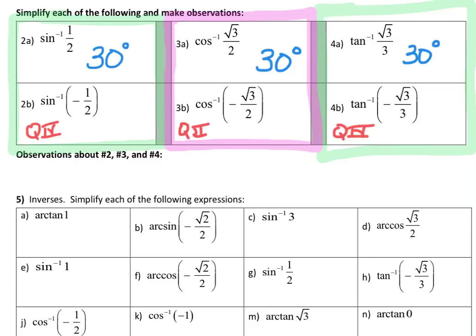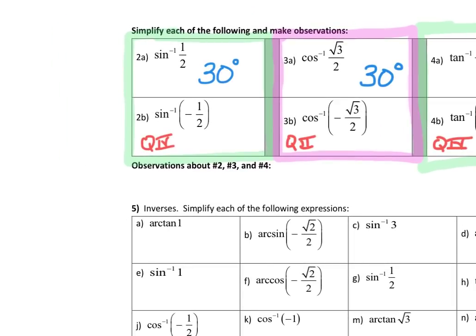And remember also, to interrupt myself, when I say fourth quadrant, I know that you understand enough about the trig to know that if the restricted range of the inverse function is from negative 90 to positive 90, that's first and fourth quadrant.